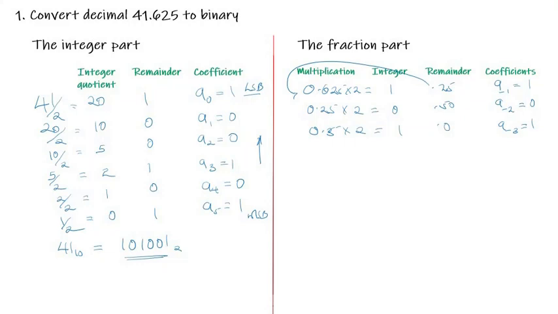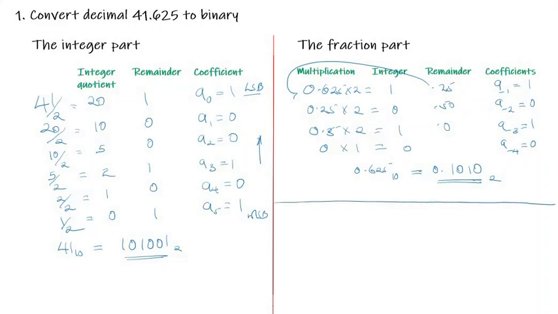And finally, the last remainder is 0, multiplied by 2 gives 0, which means a-4 equals 0. Therefore, 0.625 in decimal is 0.1010 in binary. Now we need to combine the two parts, the integer and the fractional part.